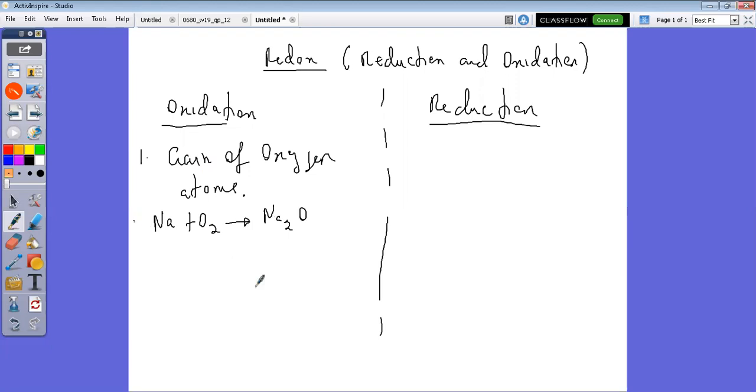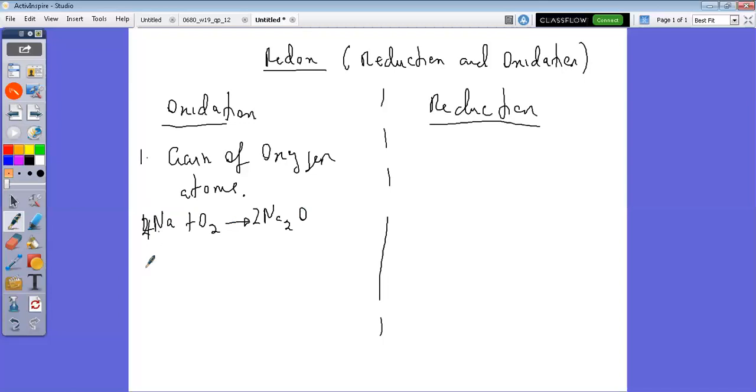So you see, sodium has gained an oxygen atom. So sodium has been oxidized because it has gained an oxygen atom.